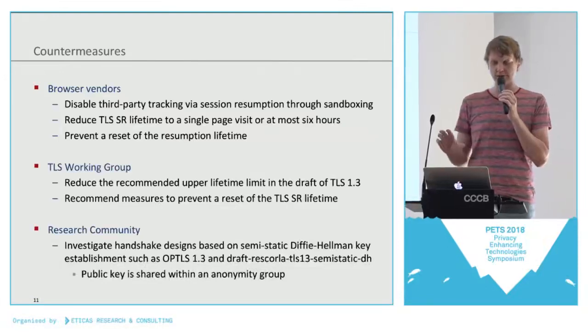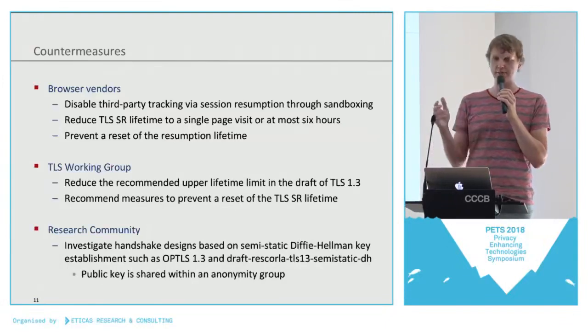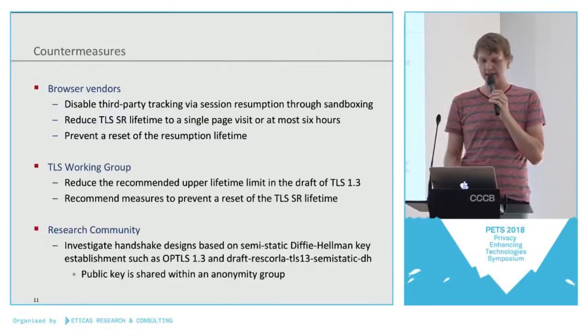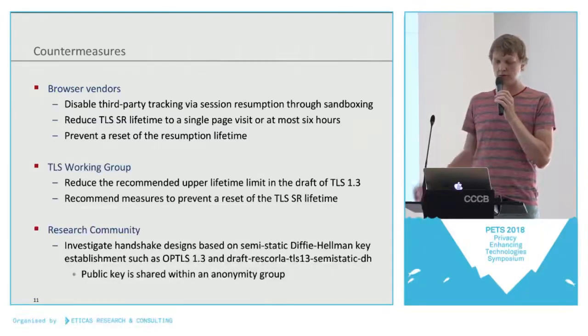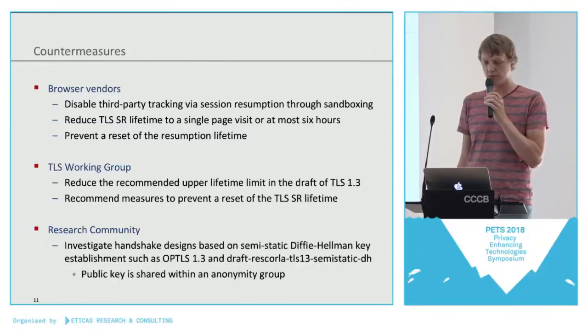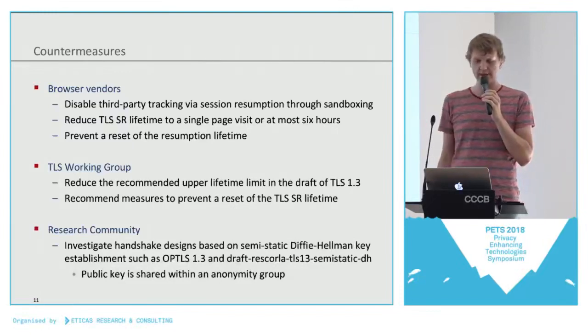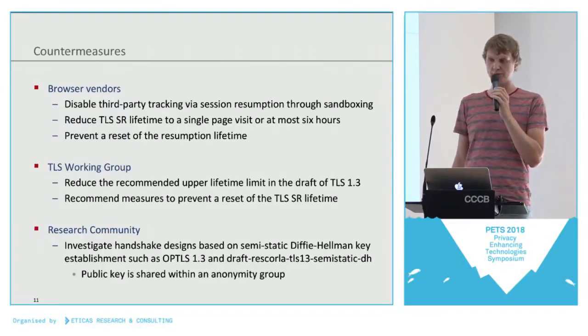There exist also countermeasures which do not rely on TLS session resumption to achieve zero round-trip time handshakes, especially semi-static Diffie-Hellman key establishment, such as proposed in OPTLS, or the recent draft by Rescorla, TLS 1.3 semi-static Diffie-Hellman. They're going in that direction. However, if we want to apply these approaches, then we need to make sure that the public key is shared within an anonymity group.